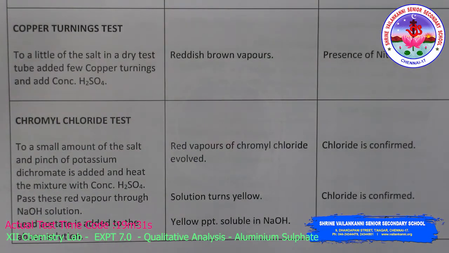The red vapors of chromyl chloride are evolved, so chloride is confirmed. If lead acetate is added to the above solution and the solution turns yellow, chloride is confirmed. The yellow precipitate soluble in sodium hydroxide also confirms the chloride salt.